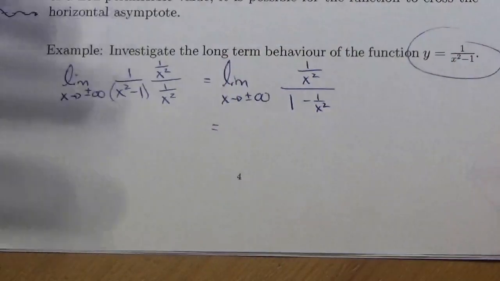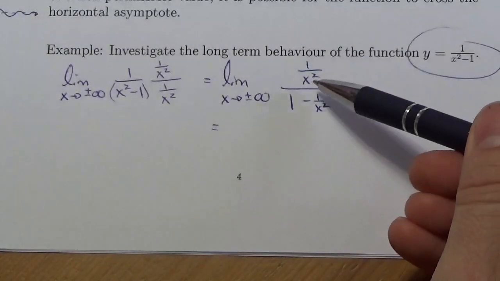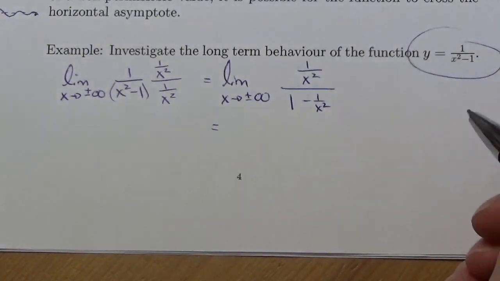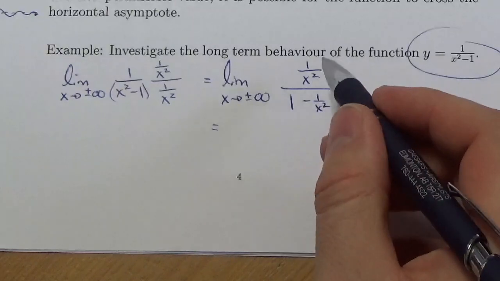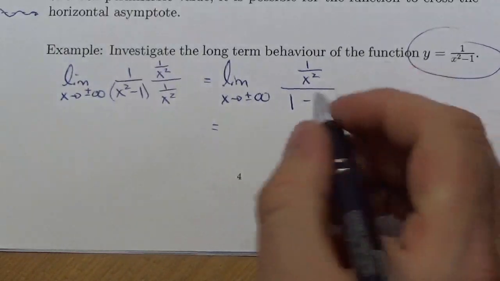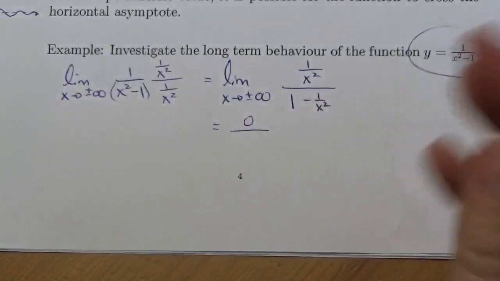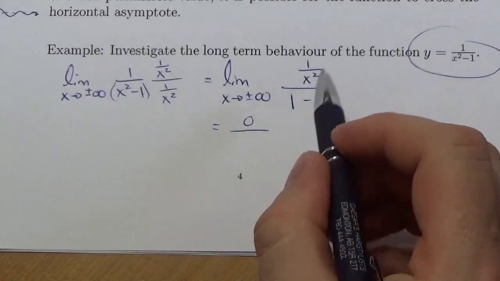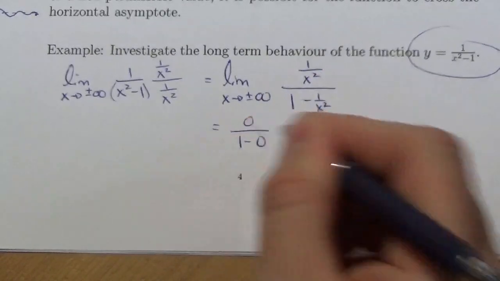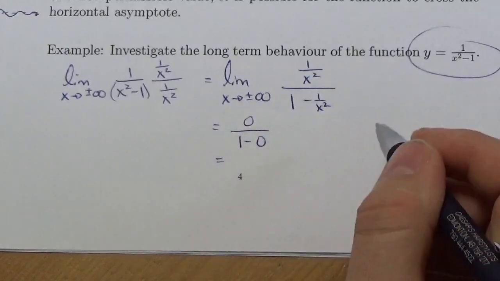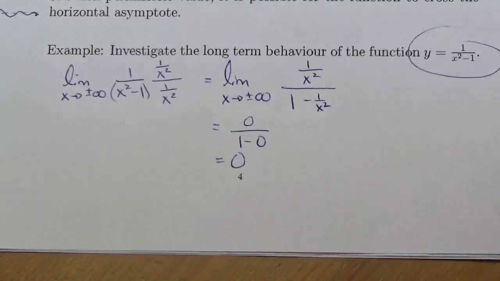Now, if I apply the limit as x goes off to either positive or negative infinity, and I hope you see that because of the square it doesn't matter, the numerator will become 1 over infinity, or 0. But the denominator will become 1 minus 0. And so I will get 0 over 1, which is just 0.